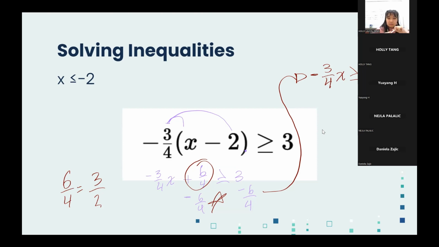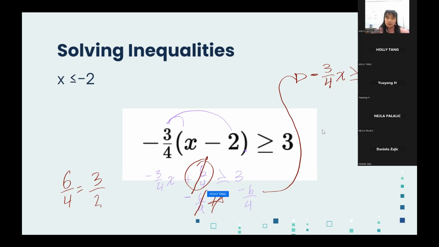So it's negative 3/4x plus 6/4 greater than or equal to 3, and you subtract 6/4 on both sides. So wouldn't it be negative 3/4x plus 6/4 greater than or equal to 3 minus 6/4? Right, so when we subtract both sides by 6/4, we can actually cancel these out.